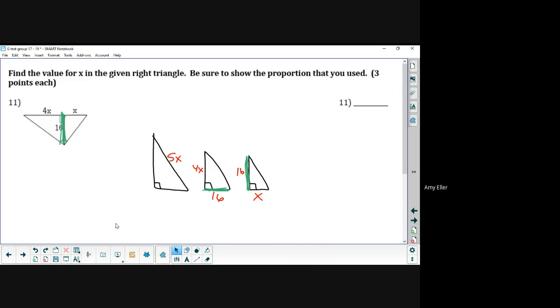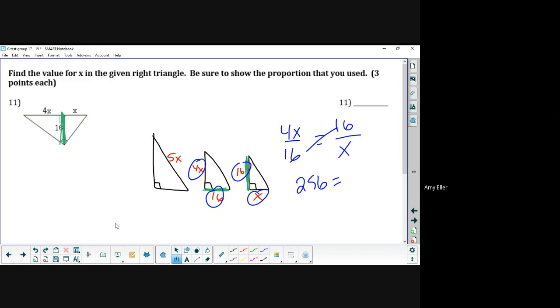All right, let me set up my proportion. I'm going to compare these triangles. When I cross multiply, I get 256. When I cross multiply, 4x times an x is 4x squared.